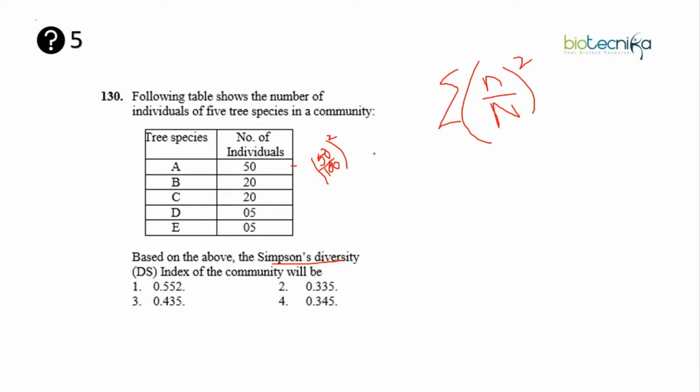So for this one it is 0.5 whole square. That means 0.25, isn't it? So this is your 0.25. So like that you find out for each one of it and then do a summation quickly.